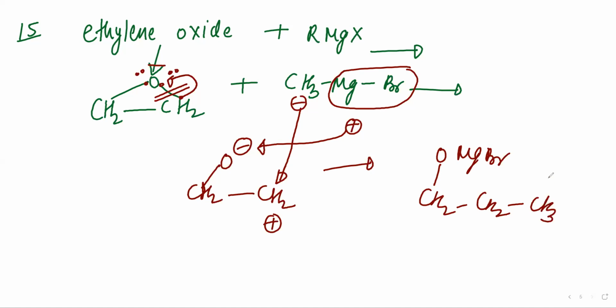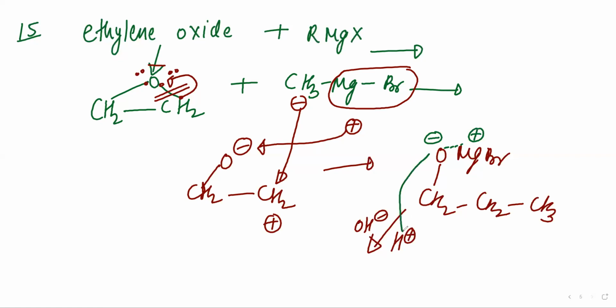When it reacts with alcohol or water, suppose water, it has H plus and OH minus. This is your bulky group, so the bond breaking happens here. Again this becomes minus and this becomes plus.